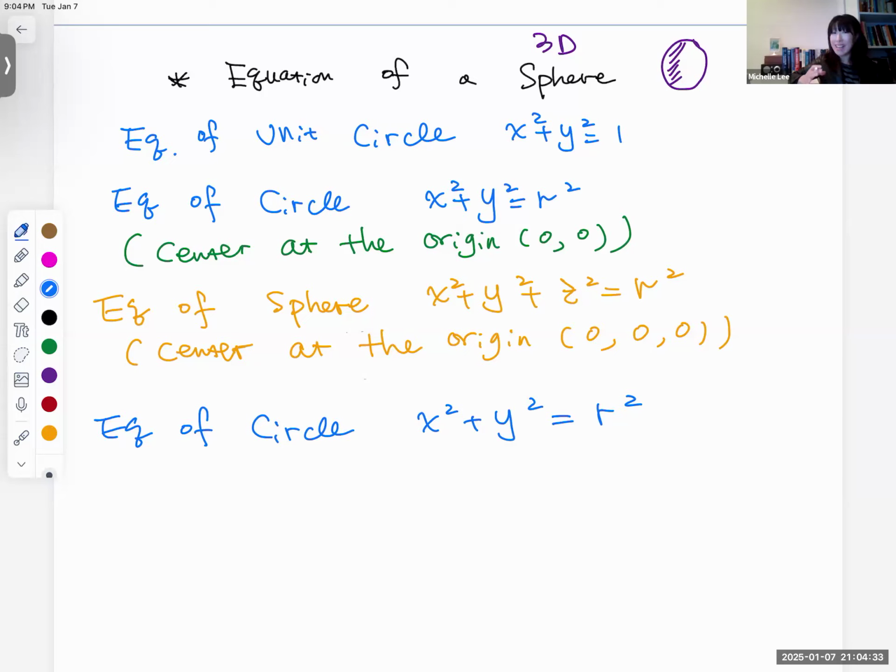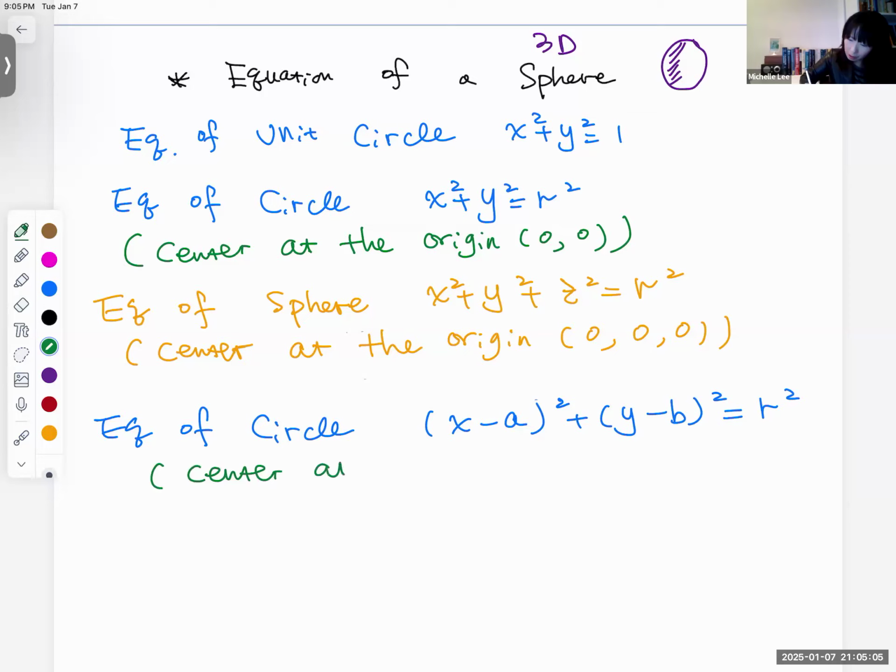What if the center is at (a, b)? Then I want to change that. How about this? Let me delete everything. So (x minus a) quantity squared plus (y minus b) quantity squared equals r squared. So the center is at (a, b).